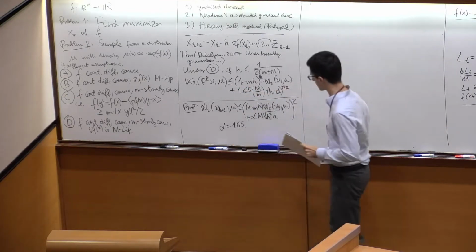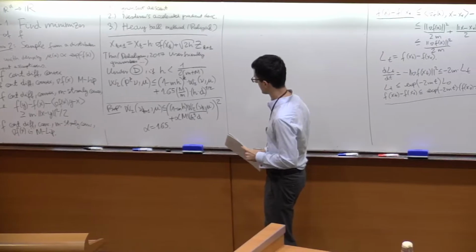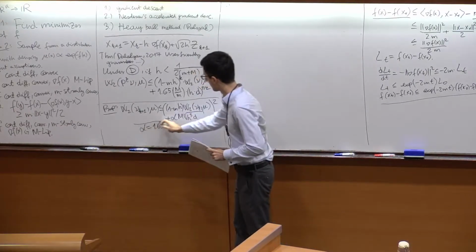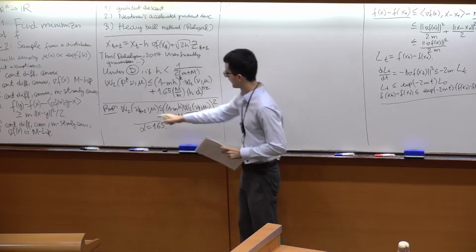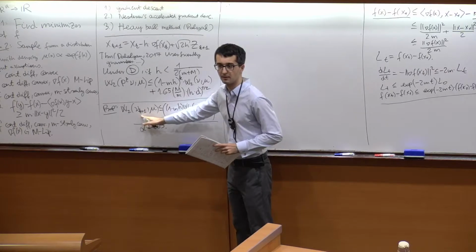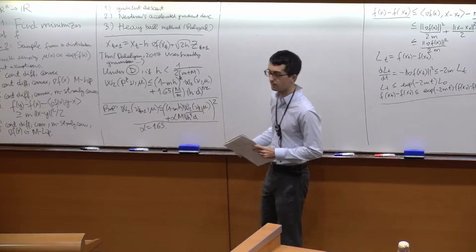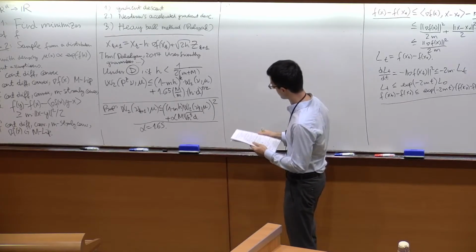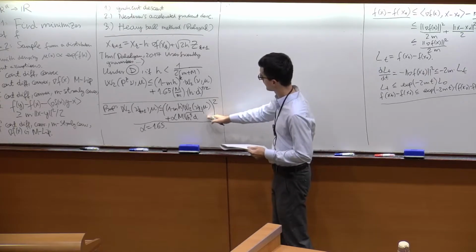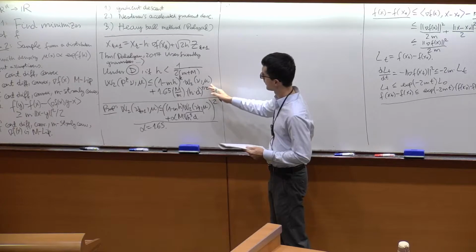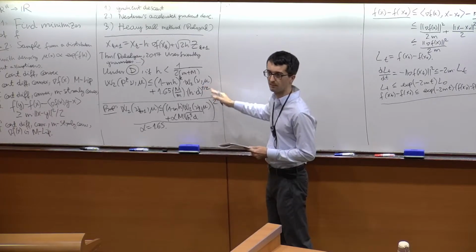So this is a recursive bound on the distance between the k plus 1 step and the k step. So from this bound, you can obtain the result by some algebra.